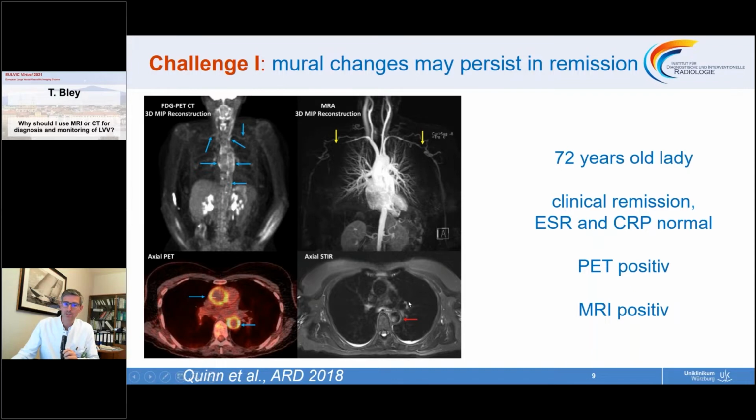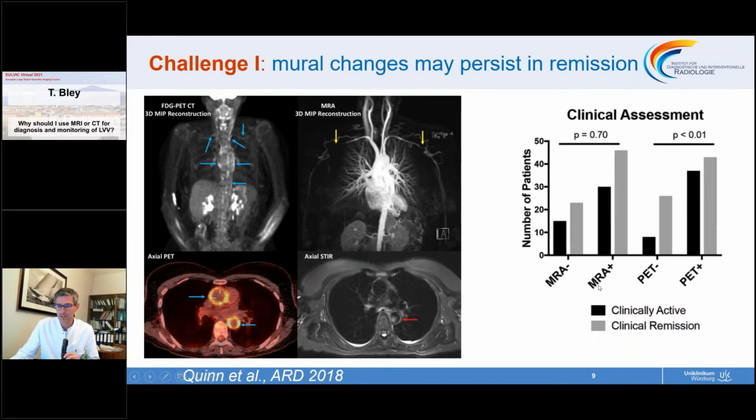And I want to quote this study from ARD 2018 that revealed positive imaging findings despite clinical and laboratory remission. As for example, in this particular lady, she was in clinical remission and still revealed MRI signs, stenosis persisted, and signs of inflammation despite her clinical remission. And by the way, PET had the same difficulties.